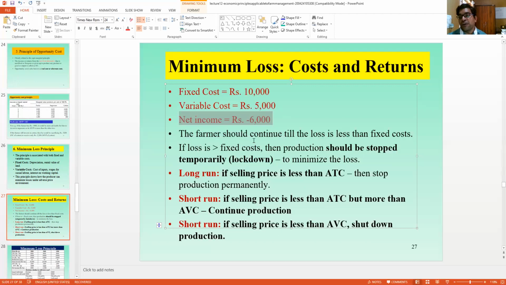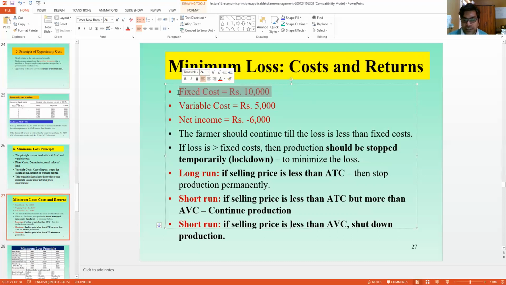Why? Because they look at the fixed cost, whether the farmer is going to have production or not. The farmer has to pay a fixed cost of 10,000 rupees. He is going to face this. So net income is minus 6,000. If the farmer abandons the production activity, right, then the loss is going to be minus 10,000.